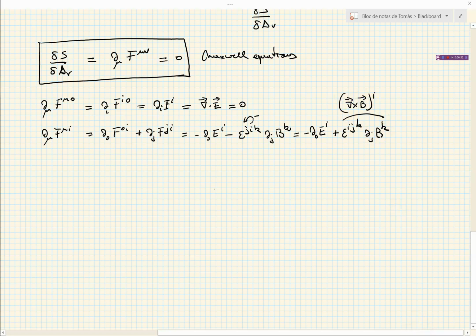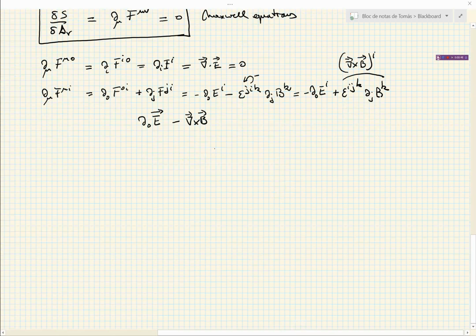So if I write everything in vector notation, what I get is, up to the overall sign that I change, this equation, which is the last missing Maxwell equation.